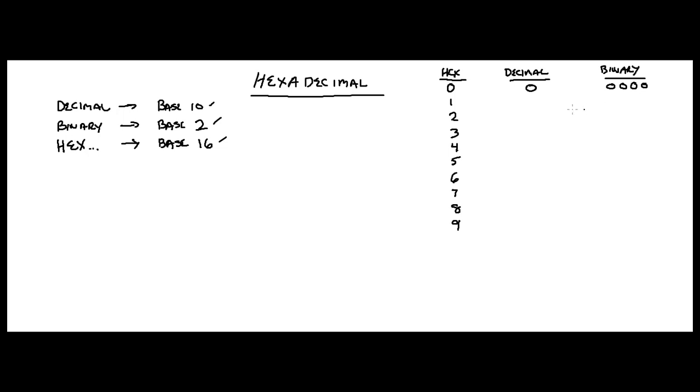Okay, it's going to be a nibble long. 1 in hex is equal to 1 in decimal, which is equal to 1 in binary, right? 2 in hex is equal to 2 in decimal, which is going to be equal to 2 in binary. 3 in hex is equal to 3 in decimal, which is going to be equal to 3 in binary. You can see that, right? We're just counting up. 4 in hex is equal to 4 in decimal, which is going to be equal to 4.